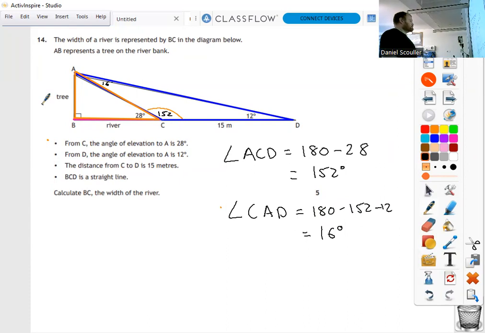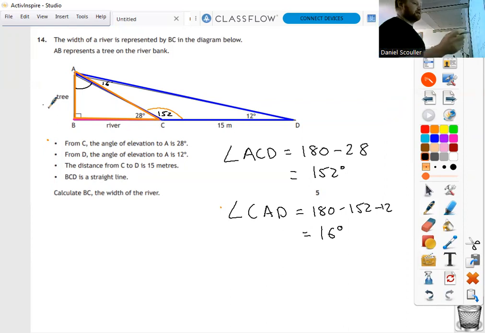Now, we can't really do much else here. We could find out this angle in here, but that doesn't help us until maybe later on. What are we trying to figure out? What would help us find BC?